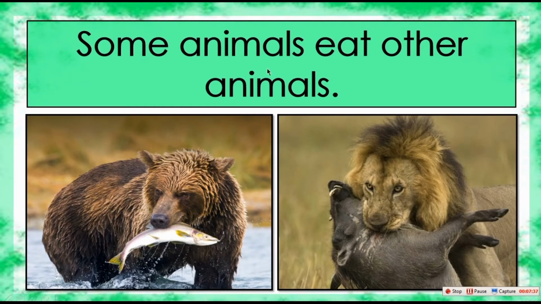Next, some animals eat other animals, just like what we have in the picture. The bear eats fish, or the bear is eating fish. Next, the lion is eating the wild boar. Again, some animals eat other animals.